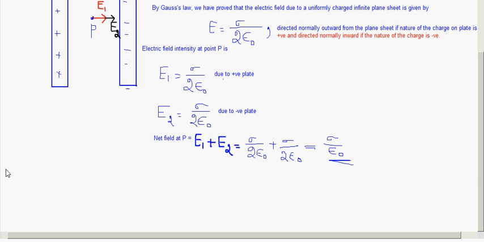So you can write a note here: a uniform electric field is produced between the two infinite parallel plane sheets, and the field is directed from positive plate to negative plate.